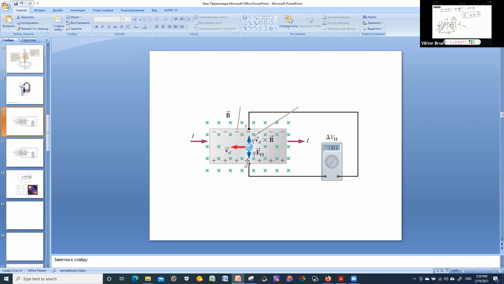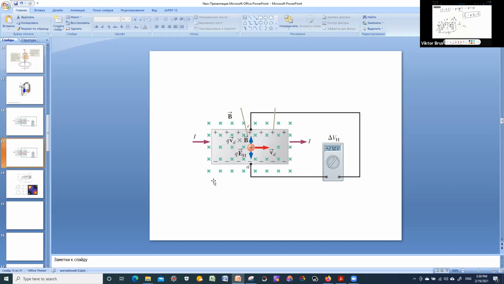charged positively. However, if we have a P-type semiconductor, meaning a semiconductor where added impurities significantly increase the concentration of holes, which are positive charge carriers, then we will have a bit different picture, which is shown on this slide.